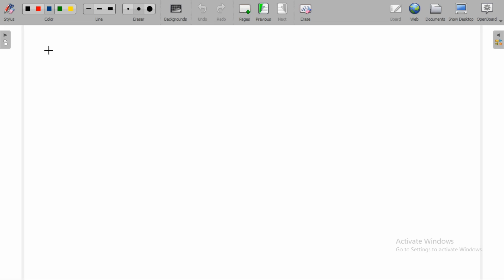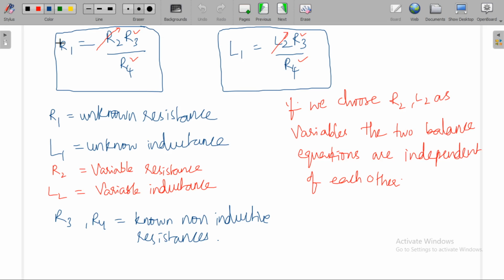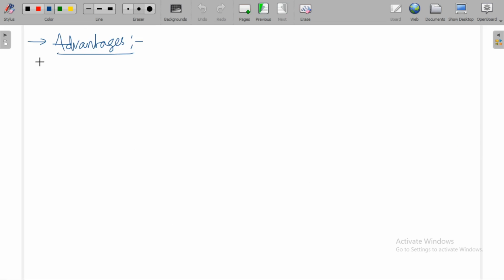Now coming to the advantages. By using this bridge, you can find unknown resistance and unknown inductance. The balance equations are simple.